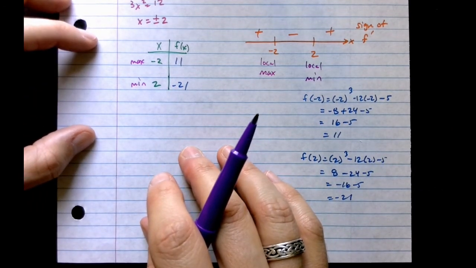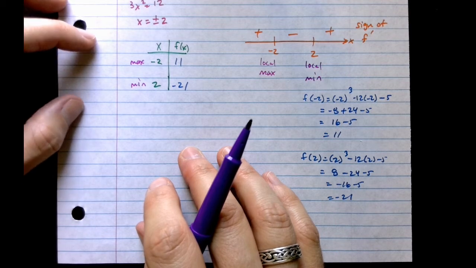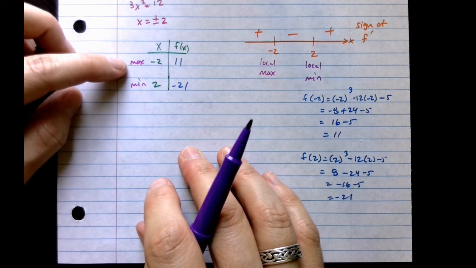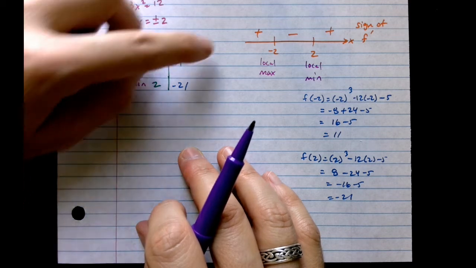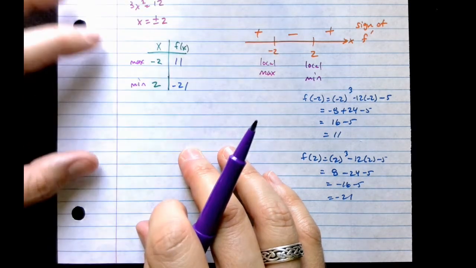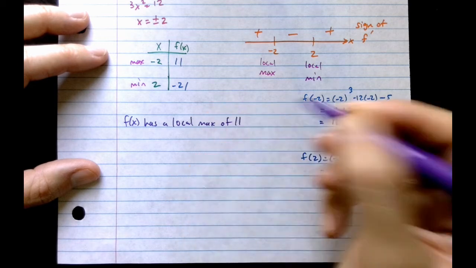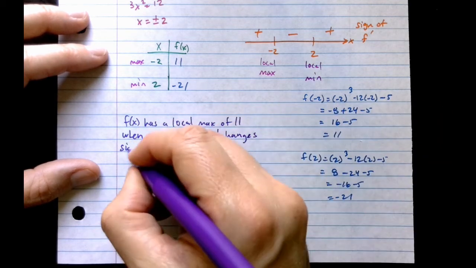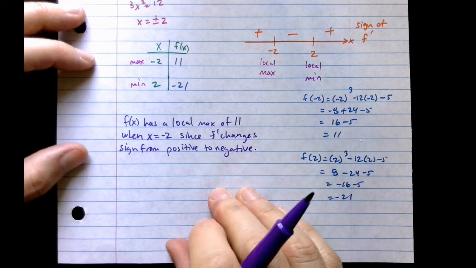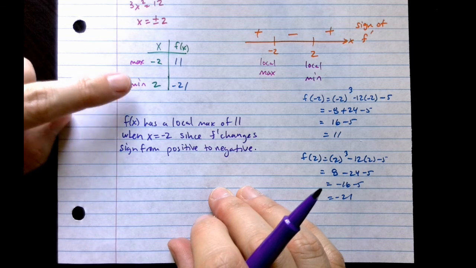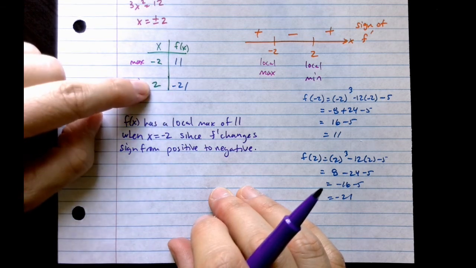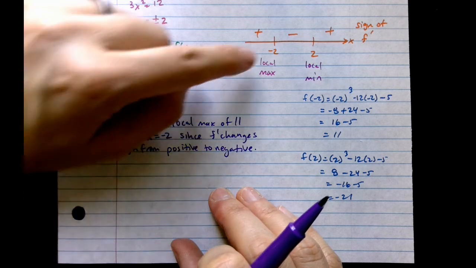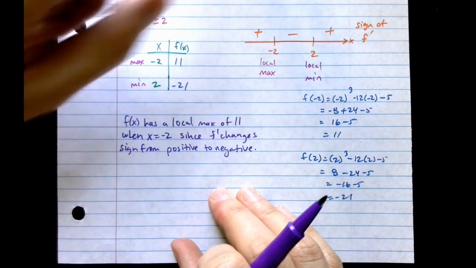According to the first derivative test, we know that f of x has a local maximum of 11 when x is negative 2 because the first derivative changes sign from positive to negative. We know f of x has a local minimum of negative 21 at x equals 2 because f prime changes sign from negative to positive.